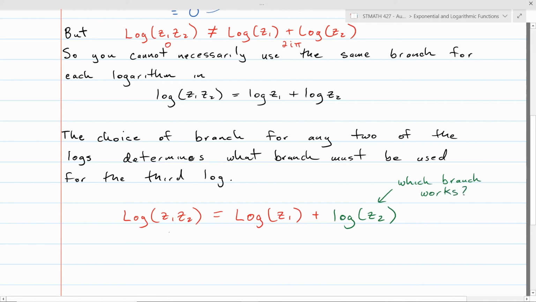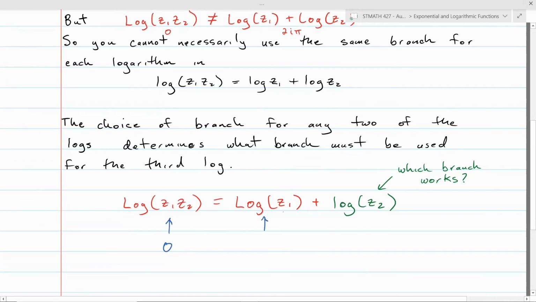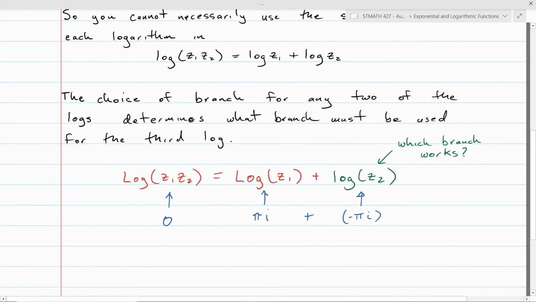Well, we already know the left-hand side of this equation is 0, and we know that the principal log of z1 was pi i. So if this sum is going to work out, we need the last term to be negative pi i, right? So you could ask yourself, what branch would give you negative pi i?